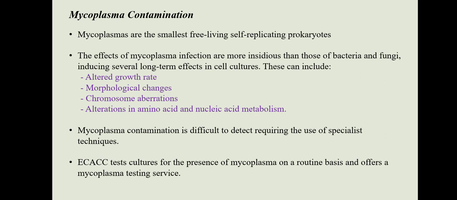These can include altered growth rate, morphological changes, chromosome aberrations, alteration in amino acid and nucleic acid metabolism. Mycoplasma contamination is difficult to detect, requiring the use of specialized techniques. ECACC tests cultures for the presence of mycoplasma on a routine basis and offers mycoplasma testing services.